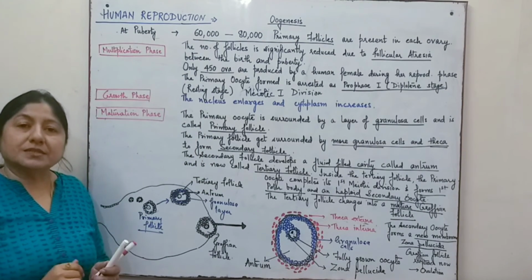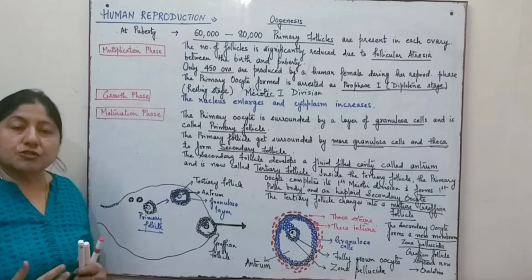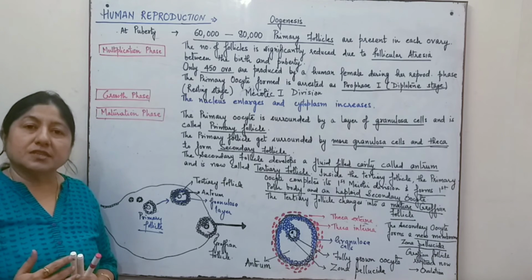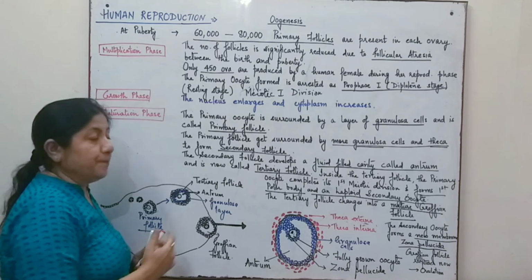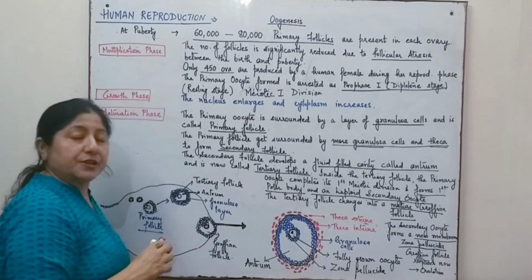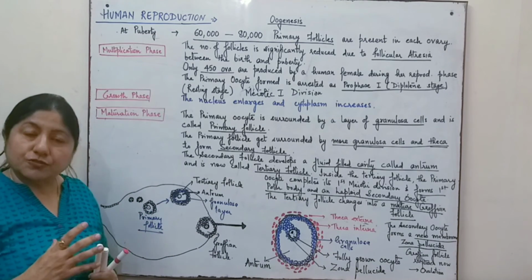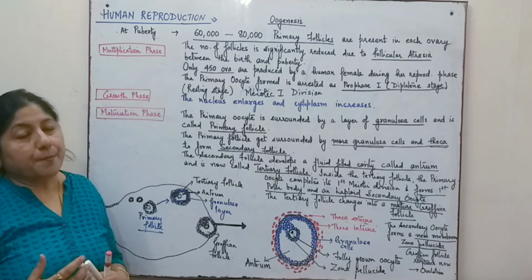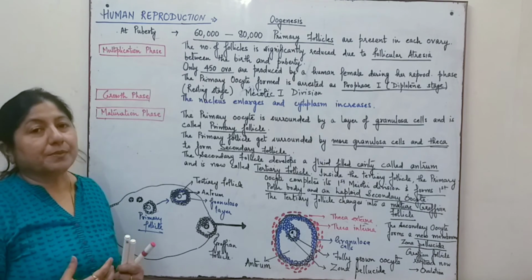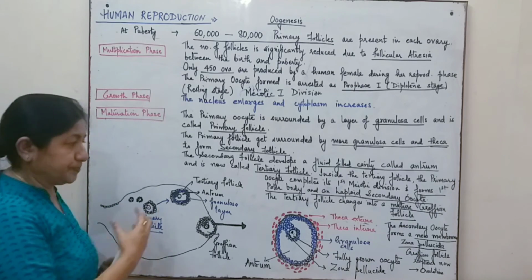This unequal distribution of cytoplasm is due to a process known as oogenesis that I have explained previously. The haploid secondary oocyte retains most of the cytoplasm because further development of the embryo will be taking place here and it requires nutrition.